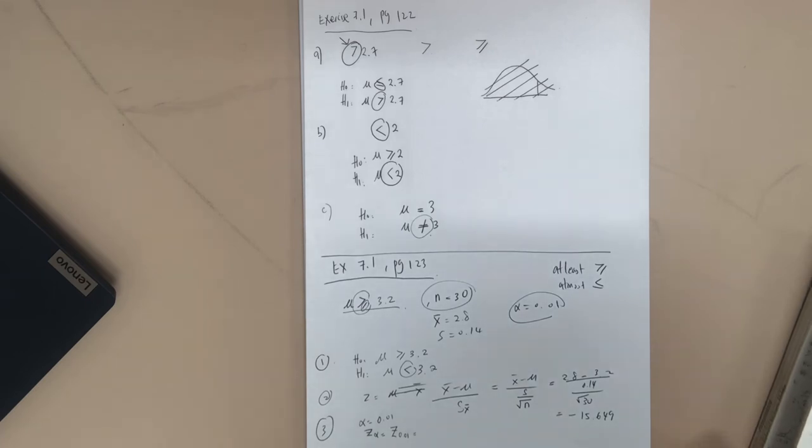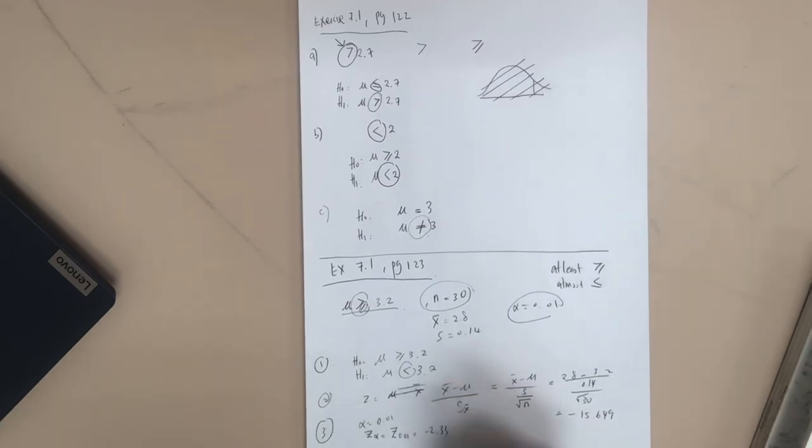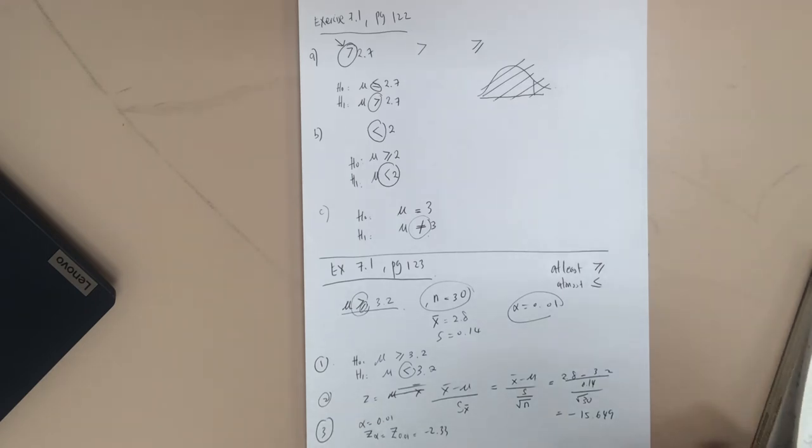So negative 2.33. But if you refer to the textbook here, it gives you negative 2.32, which for me is also acceptable. But I suggest you choose either of these two numbers, whichever is the closest to the value that we want to get. For me, 0.0099 is closest to 0.01.